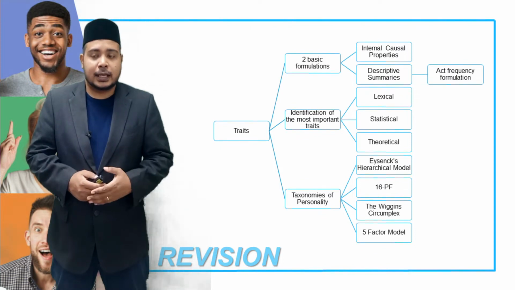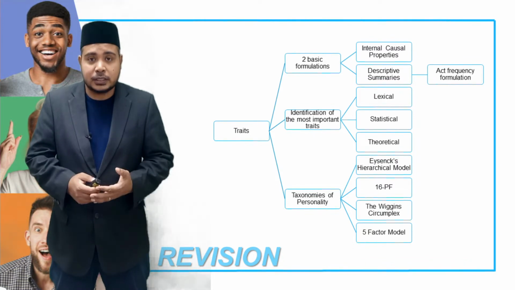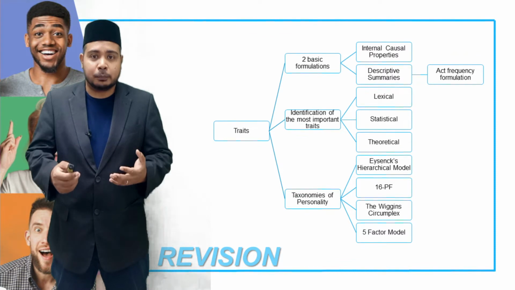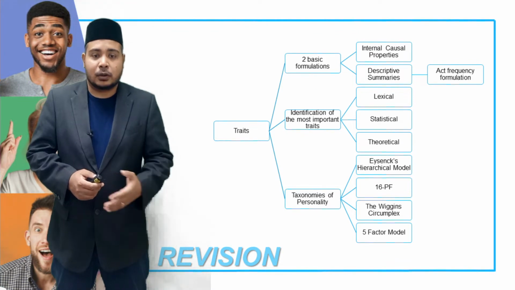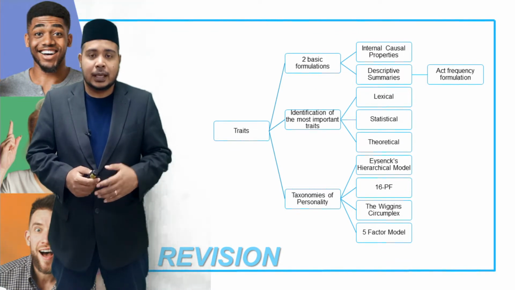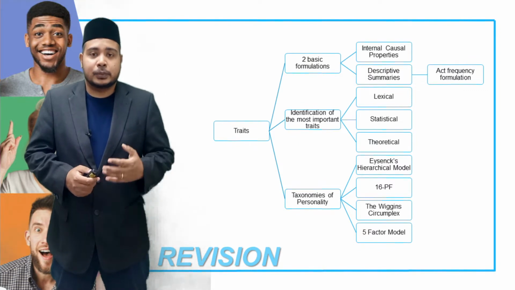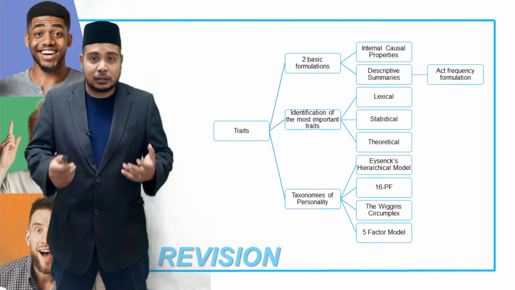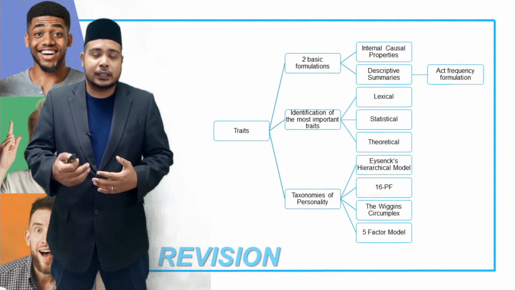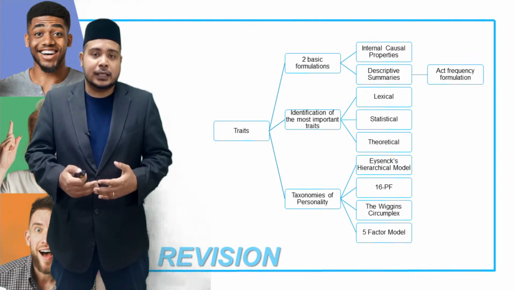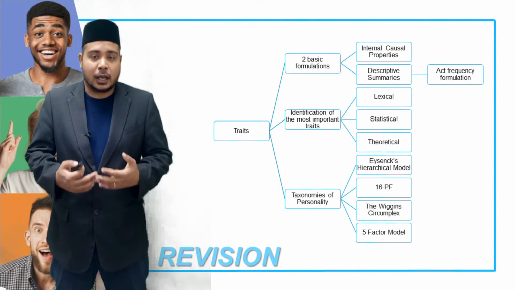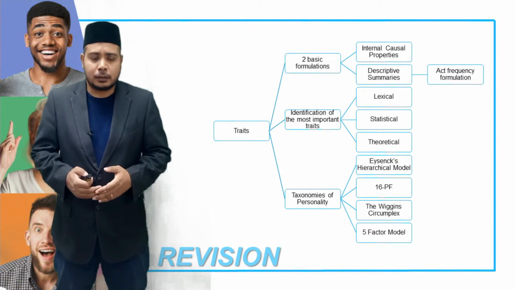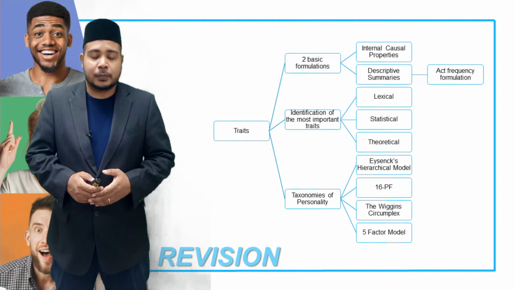As we discussed in class, there are two schools of thought whereby personality psychologists do not have one particular approach or definition that they agreed upon, which are internal causal properties and descriptive summaries. Some personality psychologists believe that personality traits is only the descriptive summaries. On the other hand, some believe that personality traits is the internal causal factors on what our behavior is. What we behave is basically because of our personality traits.